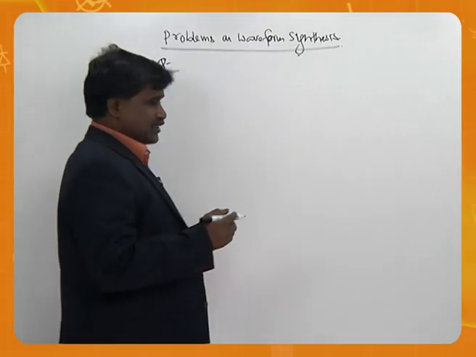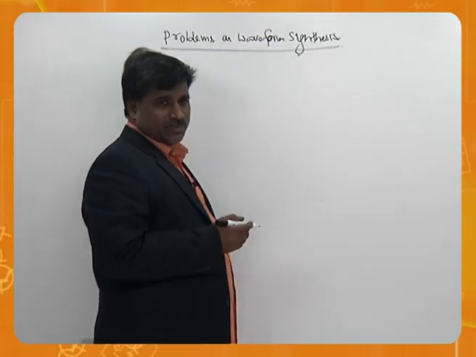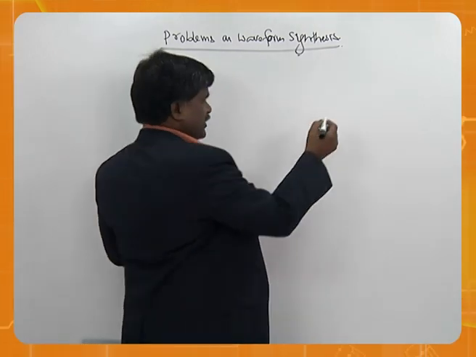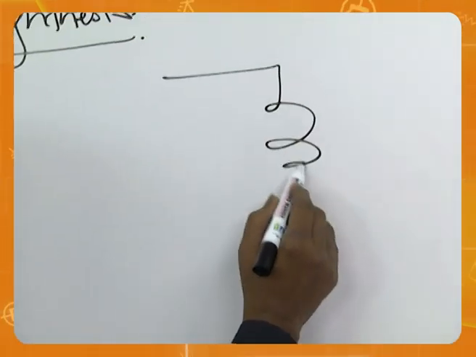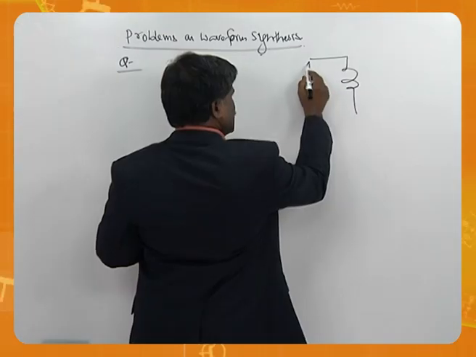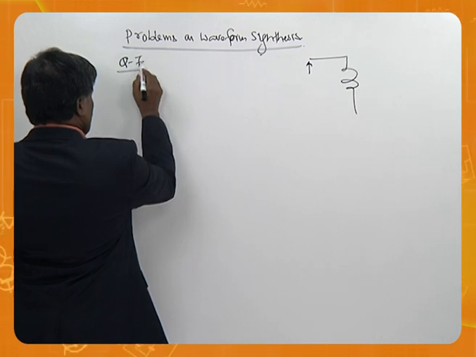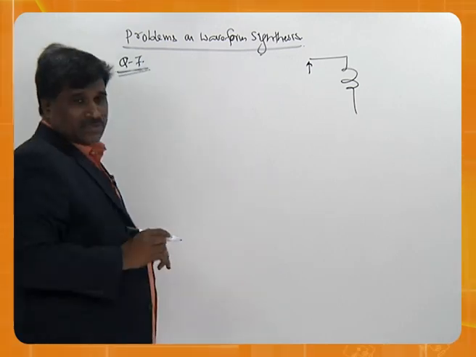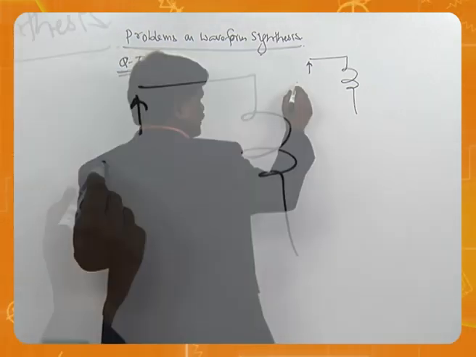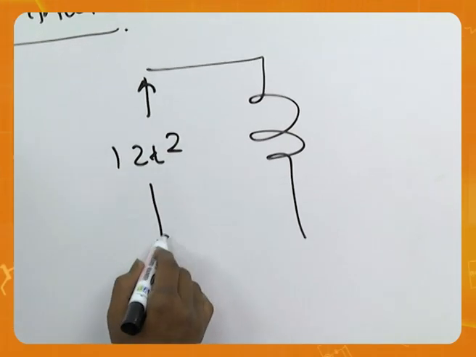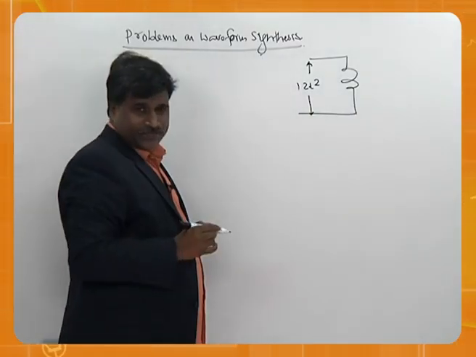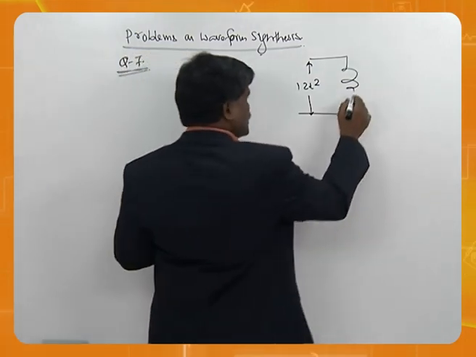What exactly it means? Let me just help you. He said there is an inductor. That's all. For that he has given the voltage. Question number 7. The voltage is given to us as 12t square. The value of the inductance is 1 Henry.